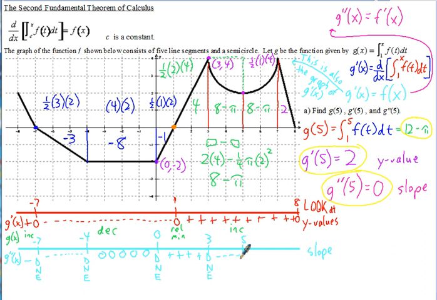This time it levels off here. It's not an abrupt change, it's a nice smooth curve. So the slope there is 0 at 5. And the slope is positive until 7. Another corner there, so it doesn't exist. And then the slope is negative.